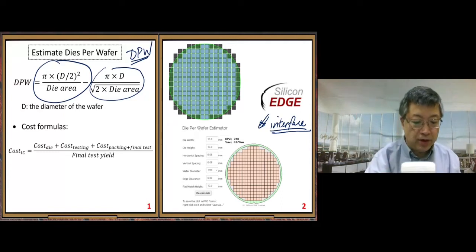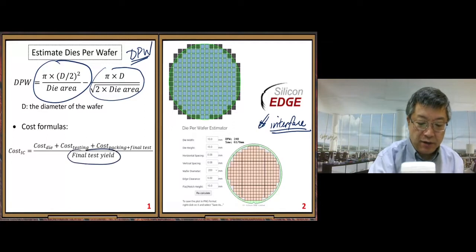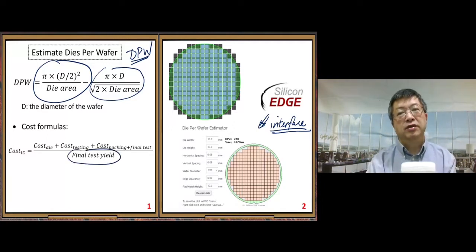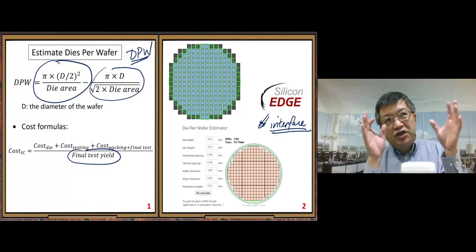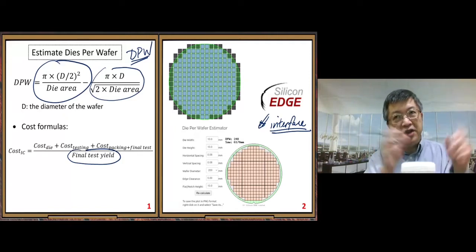So here, because of the final test, there is a yield, right? The final test has a yield percentage. Because you throw away the bad ones, you only consider the good dies past the final testing.